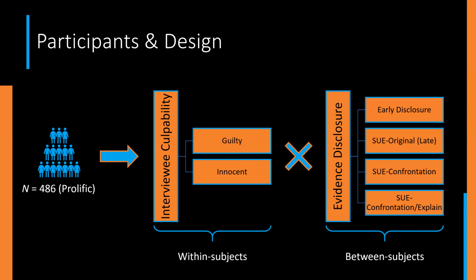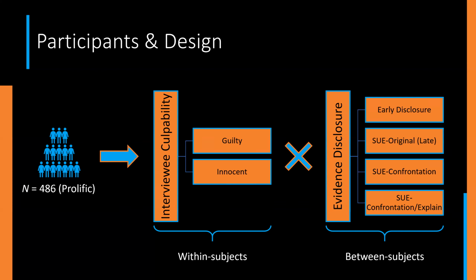So to answer this, I recruited 486 participants from Prolific, and I implemented a mixed design in which I manipulated interviewee culpability, so the culpability status of the interviewee in the video that our participants were watching, and evidence disclosure, so the type of evidence disclosure technique the interrogator in the video used to question the interviewee.